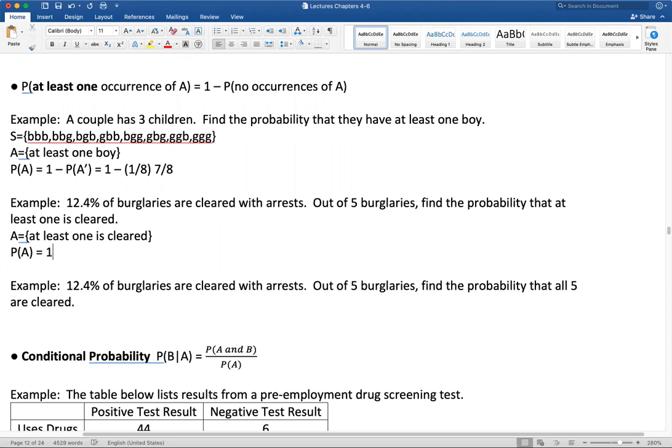So 1 minus P of A prime. What's A prime?